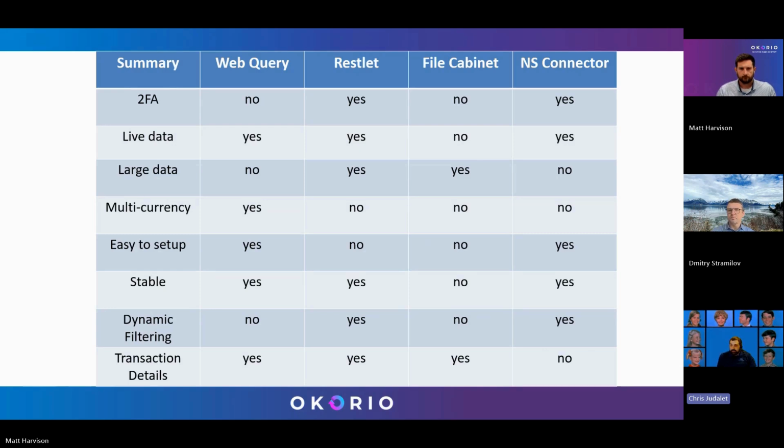The connector, similar idea. You set up a credential with Adaptive. There's a handful of things that you'll generate in NetSuite, a copy and paste exercise, and then you have access to the data. The RESTlet and the file cabinet are scripted, just like the web query is, but the replicability across clients is different there.